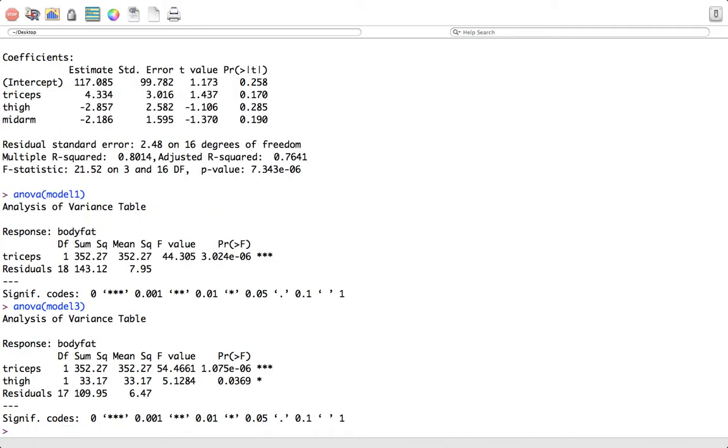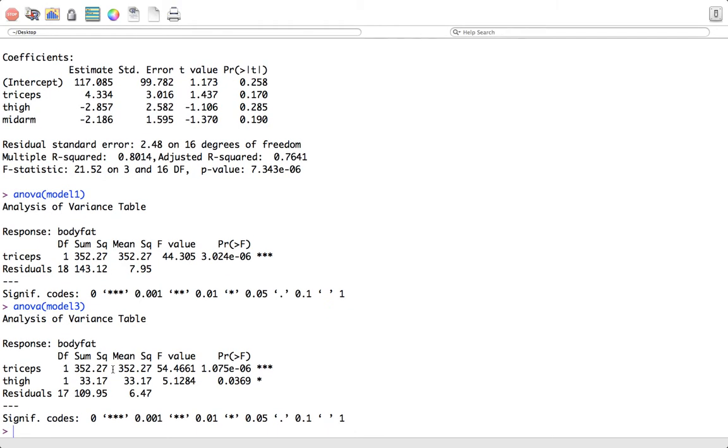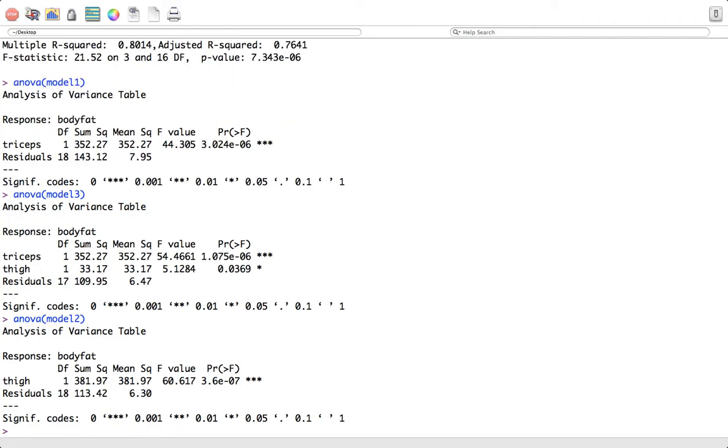Yeah. And you can see there that we get, let's see, is that what I want? Okay, what do we have? x1 when x2 is already in the model. So actually I need my ANOVA for model. I messed up here, guys. So here we go. Yeah, that's exactly what I need.